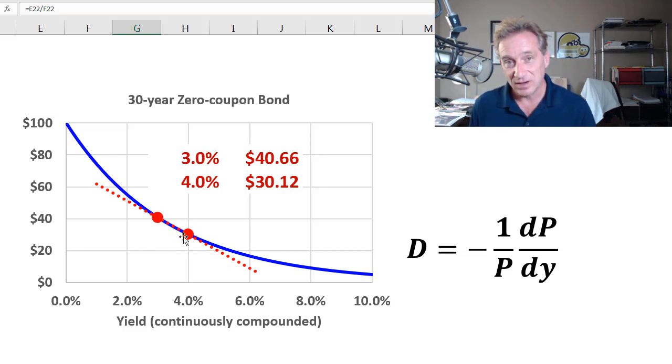Effective duration in this way is an approximation to modified duration, which is a function of that more exact slope of the tangent line.